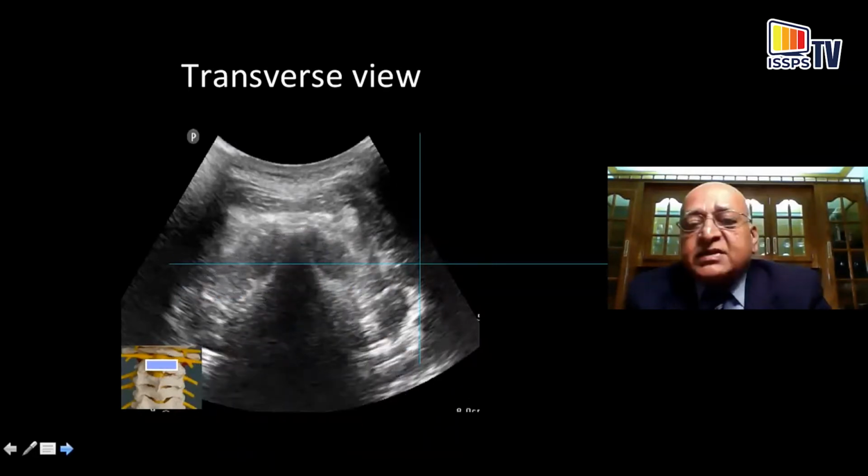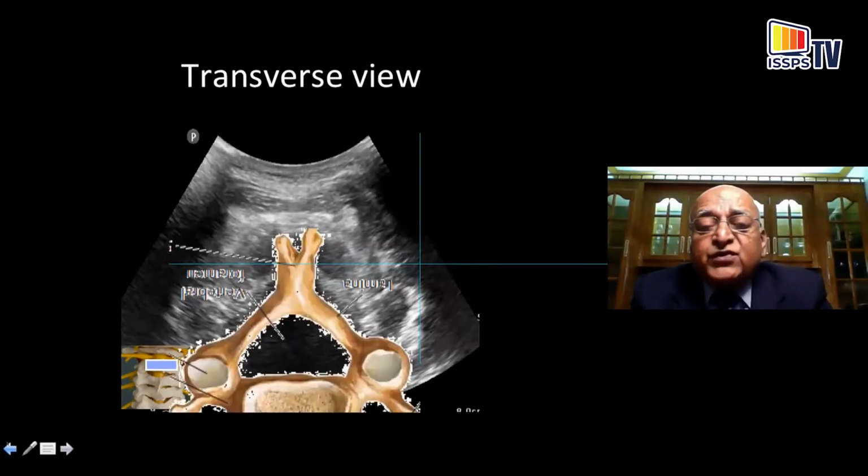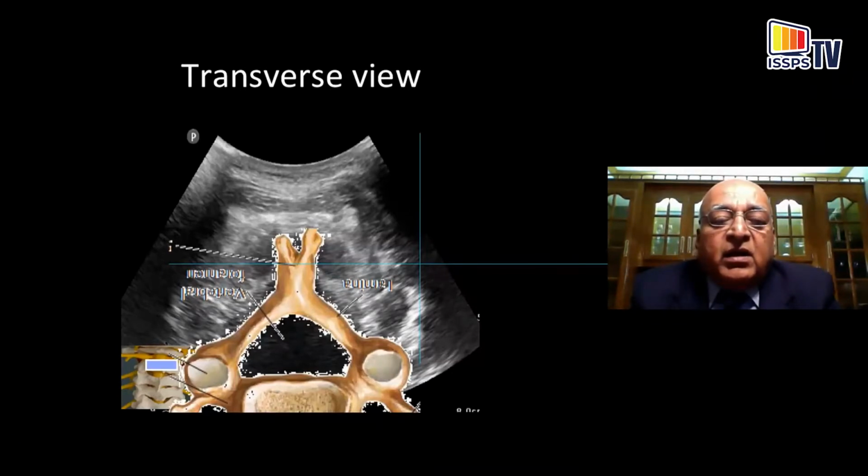In this case, this is one of the cervical spine. As you can see, when you superimpose the image, it gives you a better correlation. You are able to understand this much better. And this is probably the initial step in which you would start learning ultrasound anatomy.